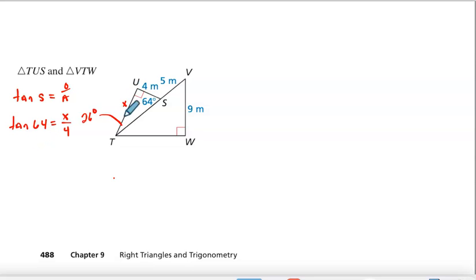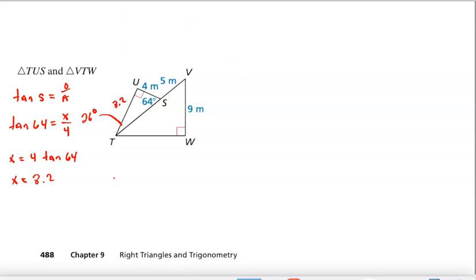So I'm calling UT x. So x is equal to 4 times tangent 64. Easy enough. That gives me x is equal to about 8.2. So we'll erase that.